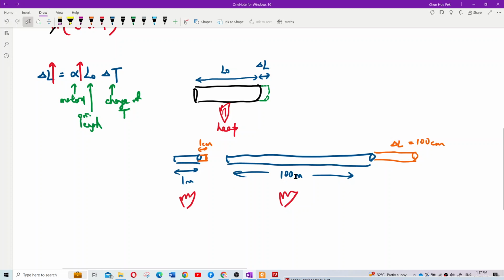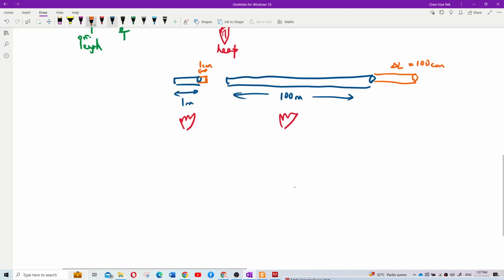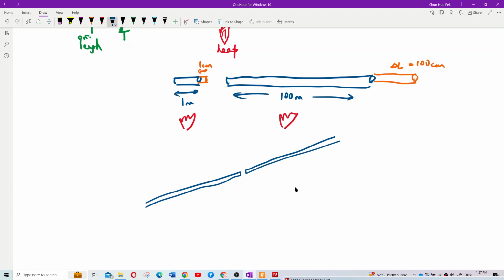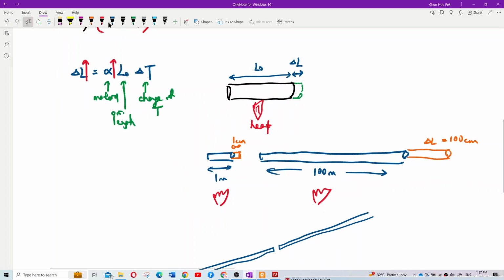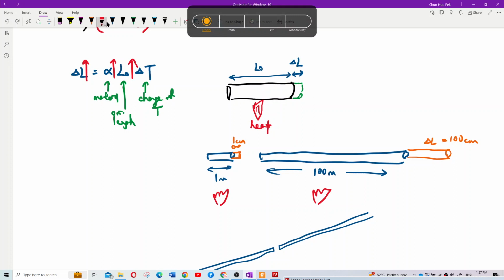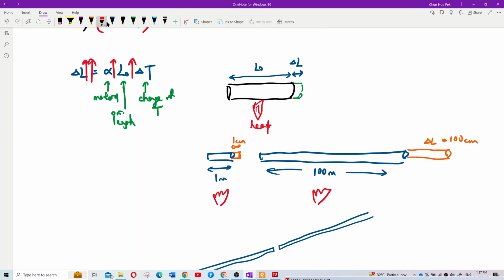Like the railway. Sometimes, for the railway, they have to build some gaps. Because the railway is very long, very long L naught, the delta L is also a lot.